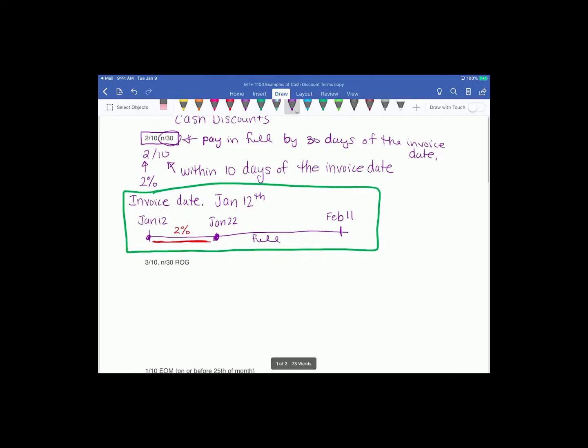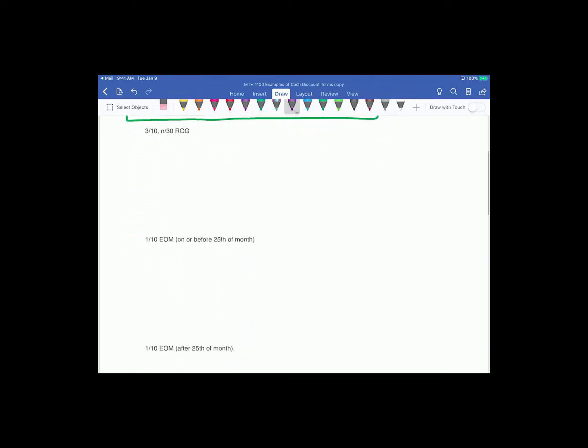Now, if I add the letters onto our terminology here, ROG means receipt of goods. And the only difference between this example and the previous example is that instead of the discount period starting on the invoice date, you start from the day that the goods are received.